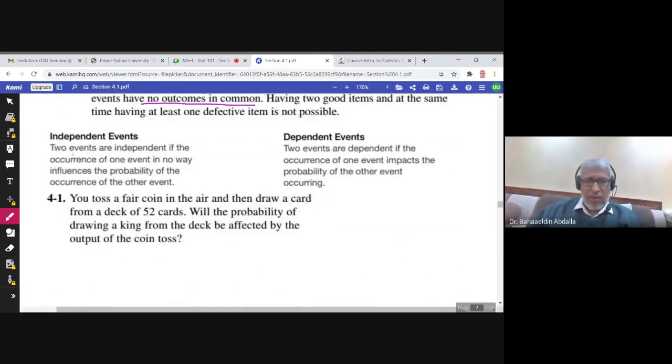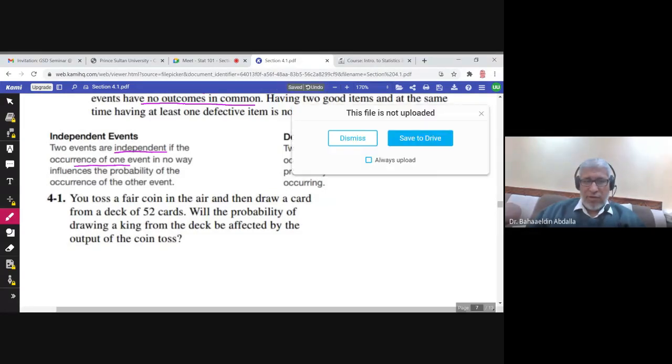Two events are independent if the occurrence of one event in no way influences the probability of the occurrence of the other event. You need to understand the definition carefully.